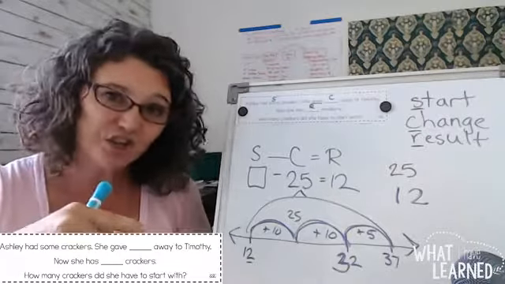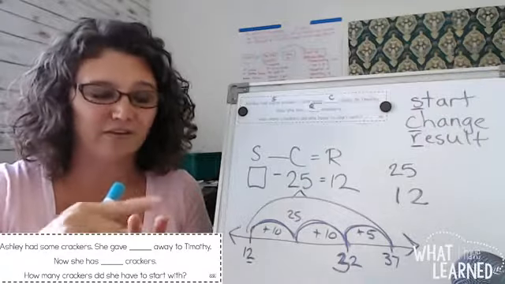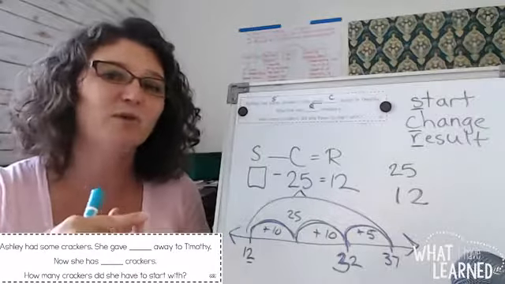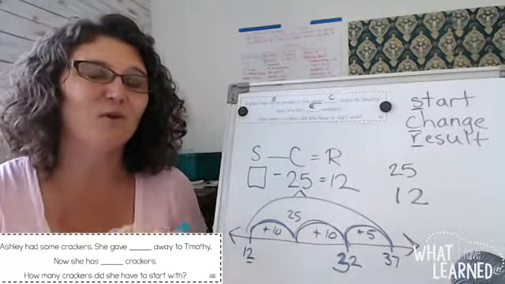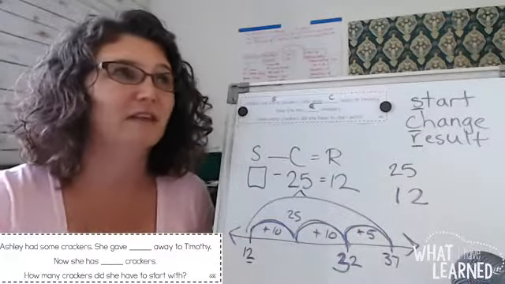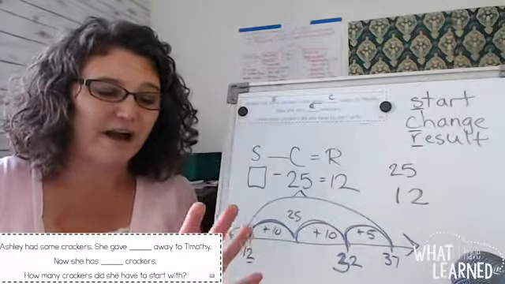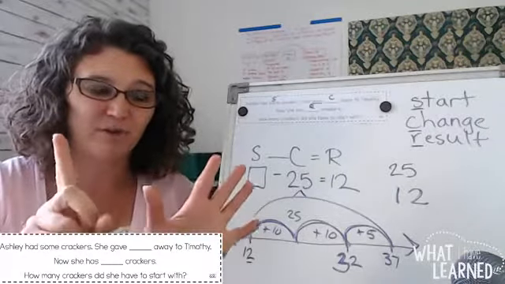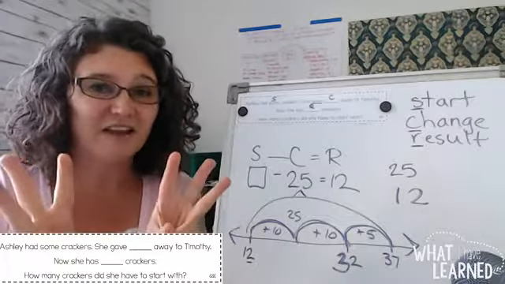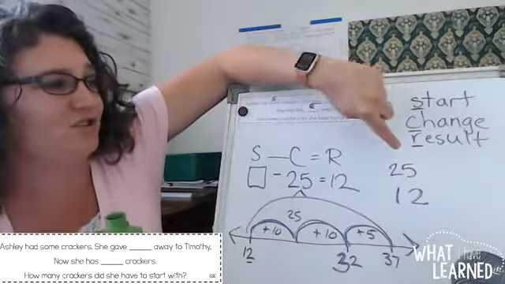There's a separate change unknown, which is the second easiest, and taught in first grade, second grade, and there is a separate start unknown, which is going to be the most difficult for students, but if you help them figure it out using specific models like number lines and helping them with the different problem types and using similar language, we now have 6 different problem types between the 3 join and the 3 separate word problems in which students can use the same type of language of start, change, and result.